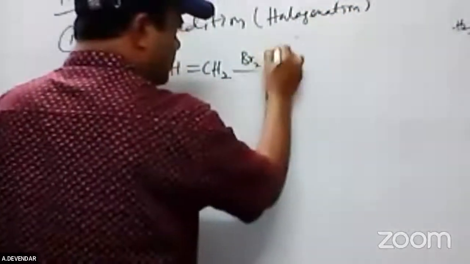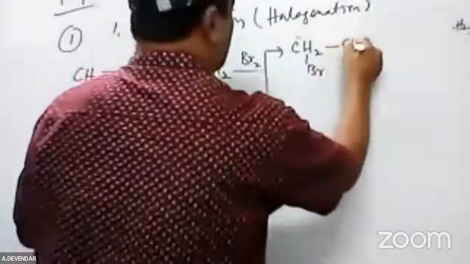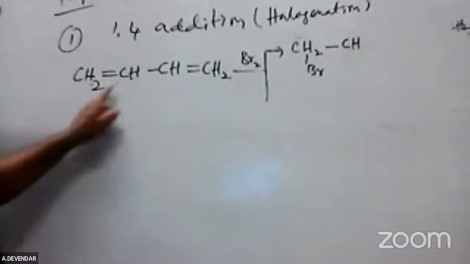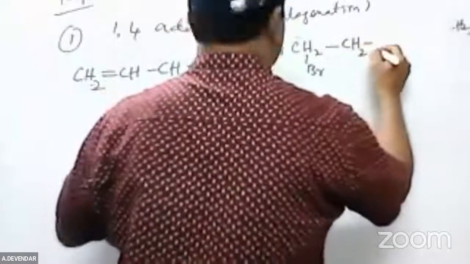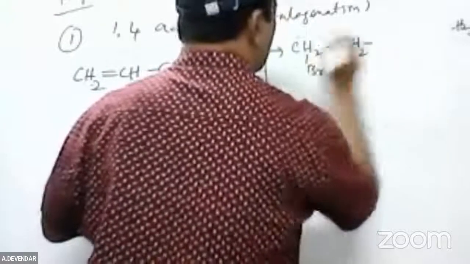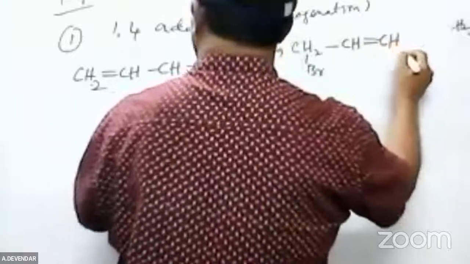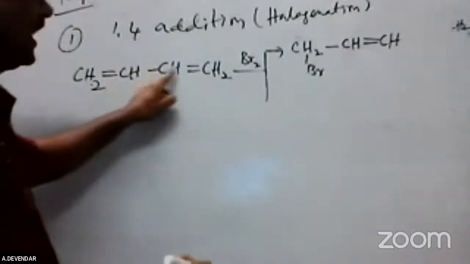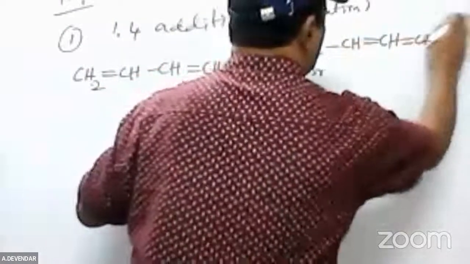See, the halogenation will take place at the first position. The double bond is shifted: here CH, carbons 2, 3, 4, right, the double bond shifts between carbons 2 and 3, and CH2 remains.